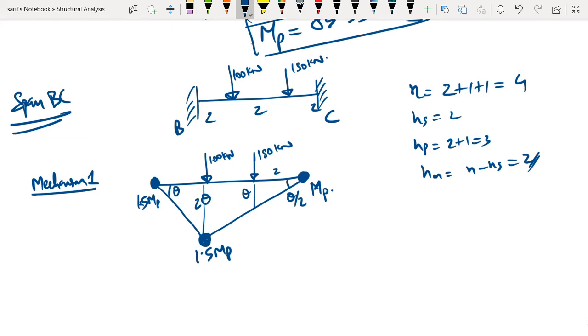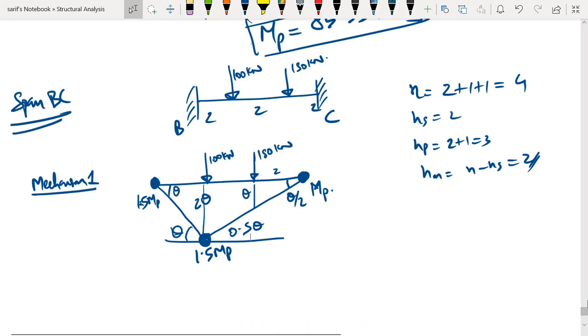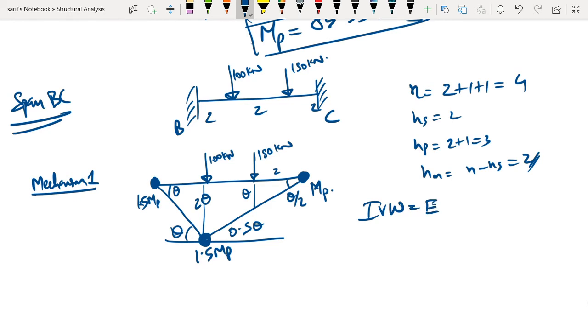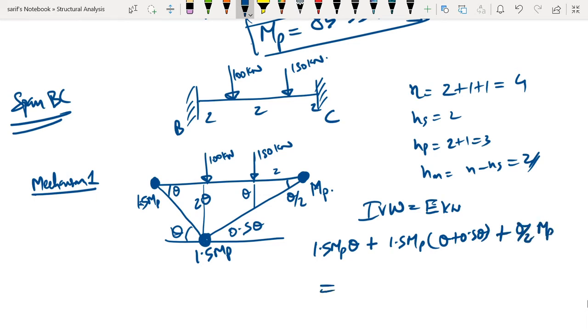Now the geometry of the section is complete. Now we have to write the virtual work equation: internal virtual work is equal to external virtual work. The internal virtual work will be 1.5 MP into theta plus 1.5 MP into theta plus 0.5 theta by 2 into MP, and this is equal to 100 into 2 theta plus 150 into theta.